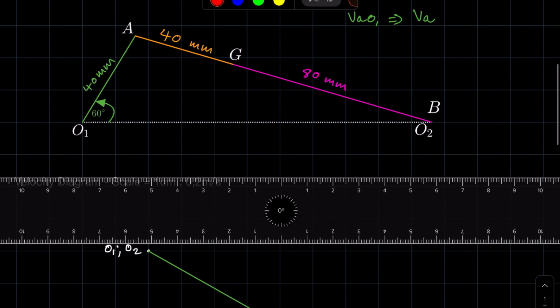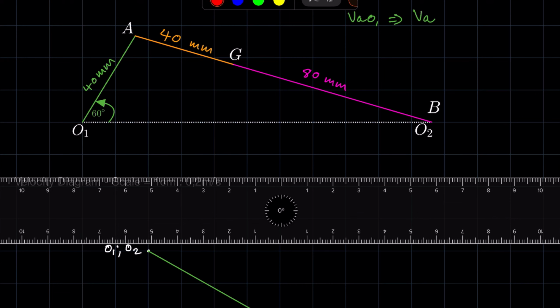Remember what we did was you place your 45 set square parallel to the link, and you place your 60-degree set square perpendicular to the 45, and then you shift it such that you align it to this point. So now we're going to do something similar.